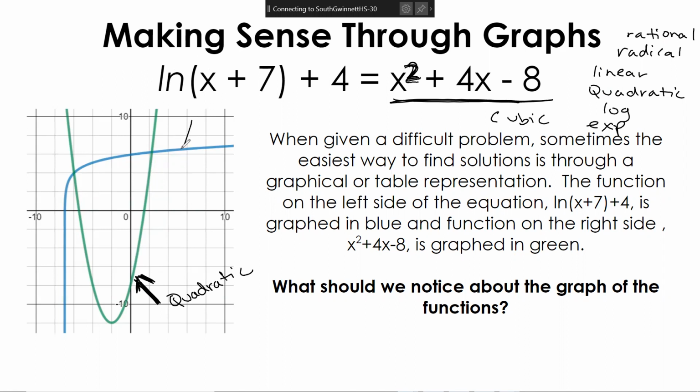That's a log, okay? So what do we notice about these functions? Well, they intersect right here and here. So they intersect at x equals -6 and x equals 2.269.